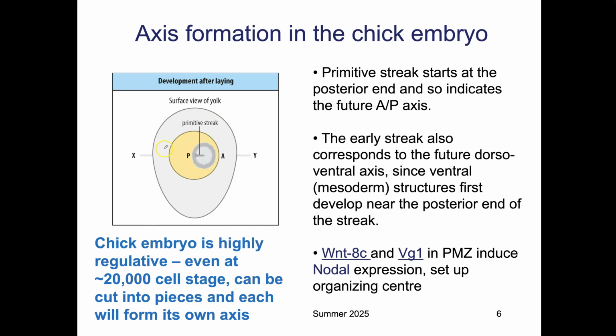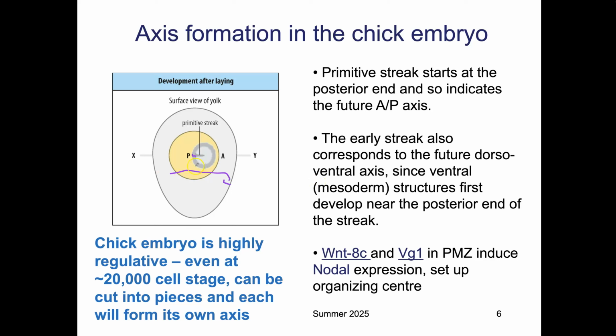And so after the egg is laid, this is not to scale, the blastoderm is still relatively small, and the egg has been turning in that direction. The blastoderm has been tilted, and so here's our posterior marginal zone.